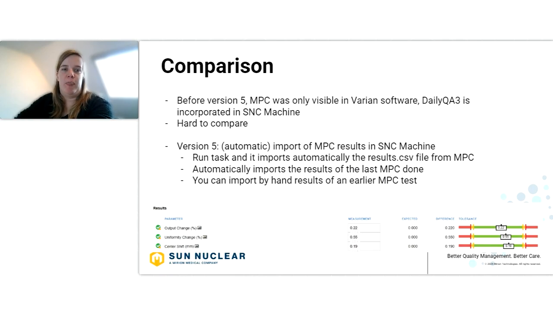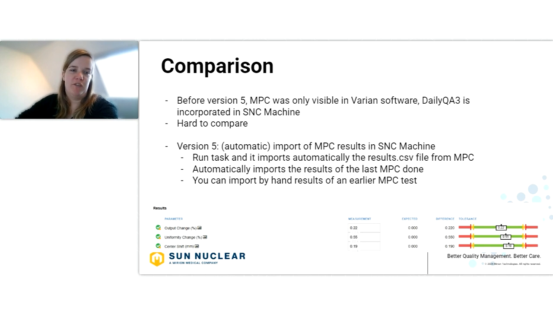So in the ideal world, the MPC corresponds with the daily QA, and it would be nice to have the comparison. Before version 5, it was not possible to do this in the SNC software. So we had the MPC in the Varian software, and we had the daily QA in the SNC software. So it was just eyeballing and comparing the two.